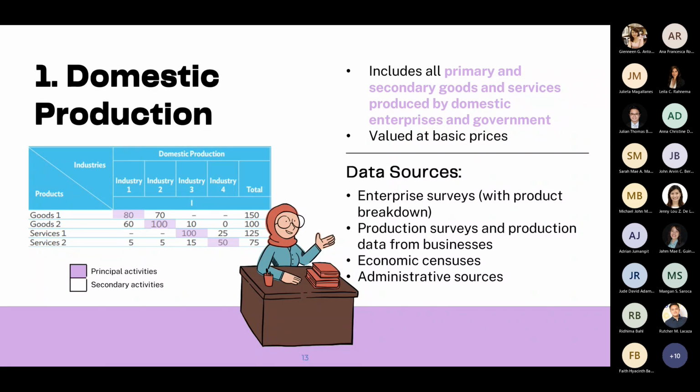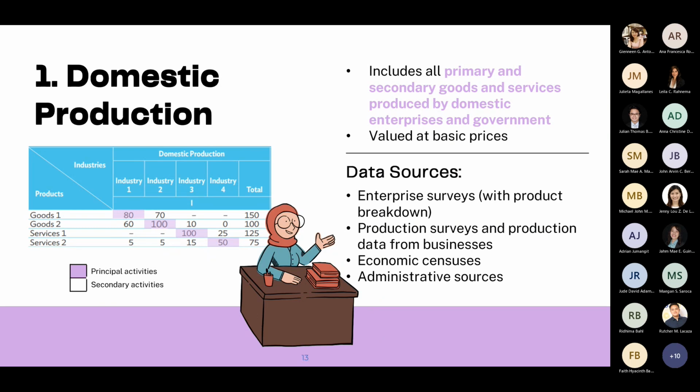These would supply information on the main structural characteristics of different economic activities. It's important also to collect data on total sales and the product breakdown. We also have production surveys and production data from businesses. So this would allow for the estimation of total production by type of product.